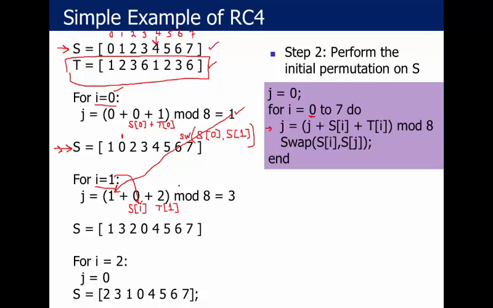Okay. So I equals 1 and J equals 3. Then we need to do the swap. For I equals 1, S1 and S3 will be swapped.